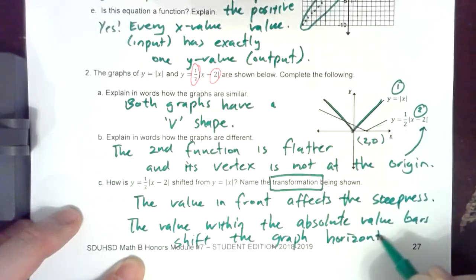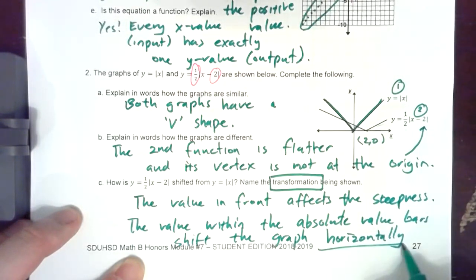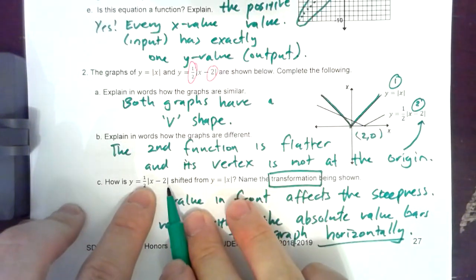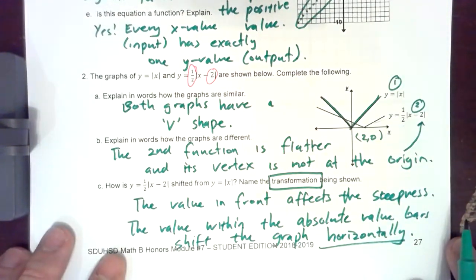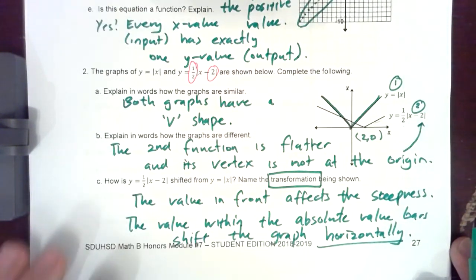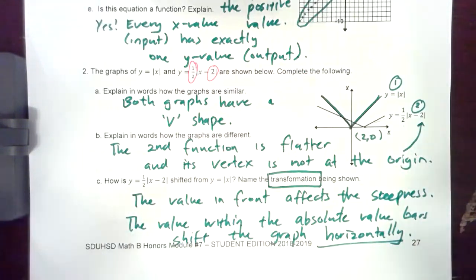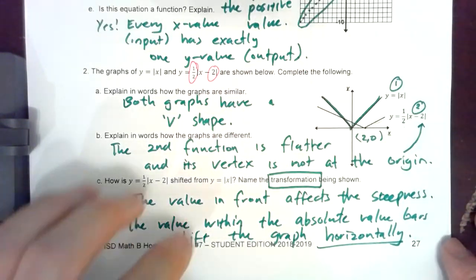Not vertically, right? Horizontally, because it's within the grouping of x. The more you practice, the more you observe, the more you try to see how these transformations occur, the more comfortable you will be with this.